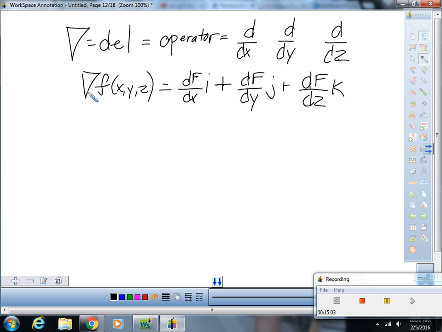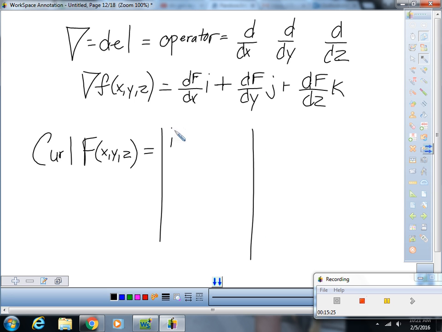Okay? All right, so here's how you find curl. Curl of f of x comma y comma z is equal to del cross f. Okay? So here's where del goes.